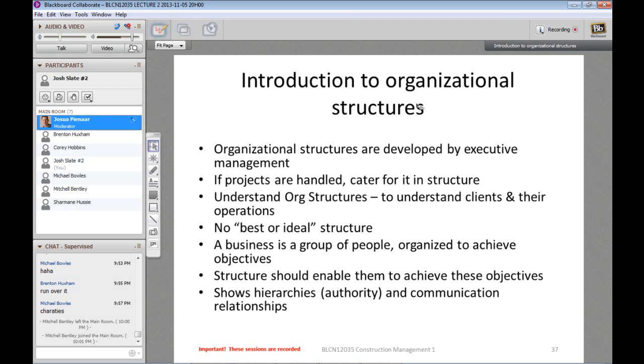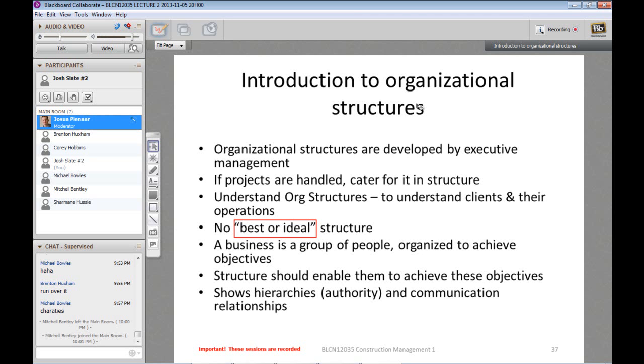So the real answer in terms of organizational structures: do you think there is a best or ideal structure for a specific business? So let's think about a construction organization. Would you say that a flat structure is better? Do you say that a structure with many levels is better? What do you guys think?